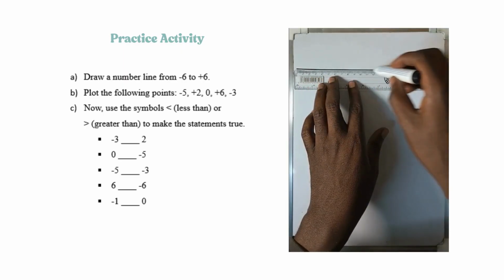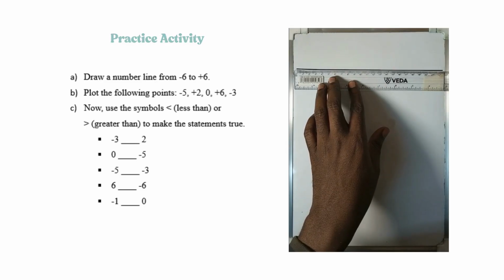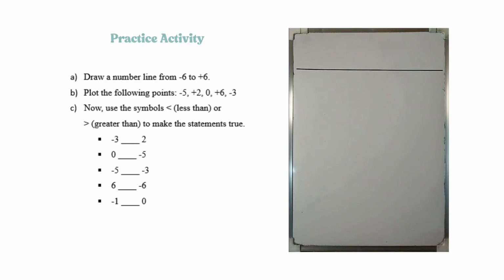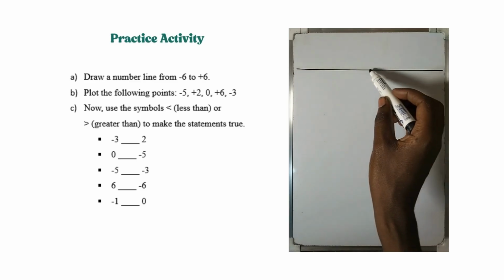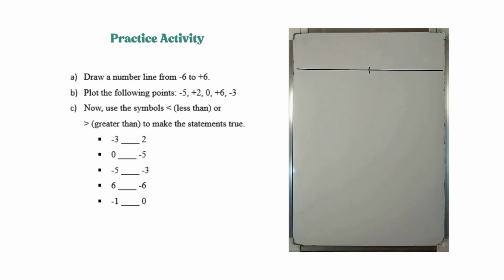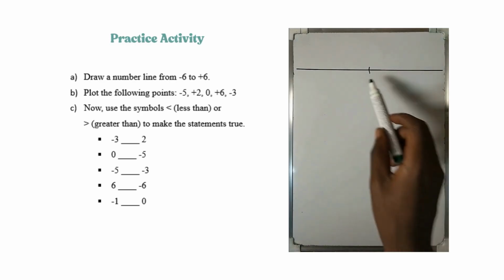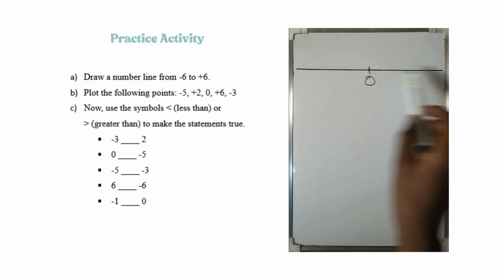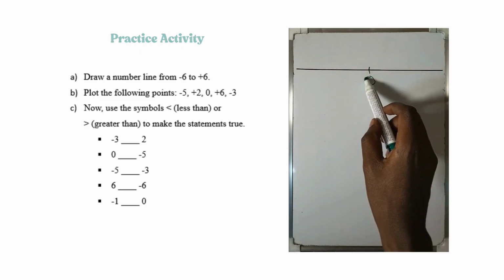So these are horizontal lines; a number line should be a horizontal line. After this, we should estimate the origin, which should be 0. Let's suppose our origin is here. That's our origin. Now from 0, going right, we have positive integers.